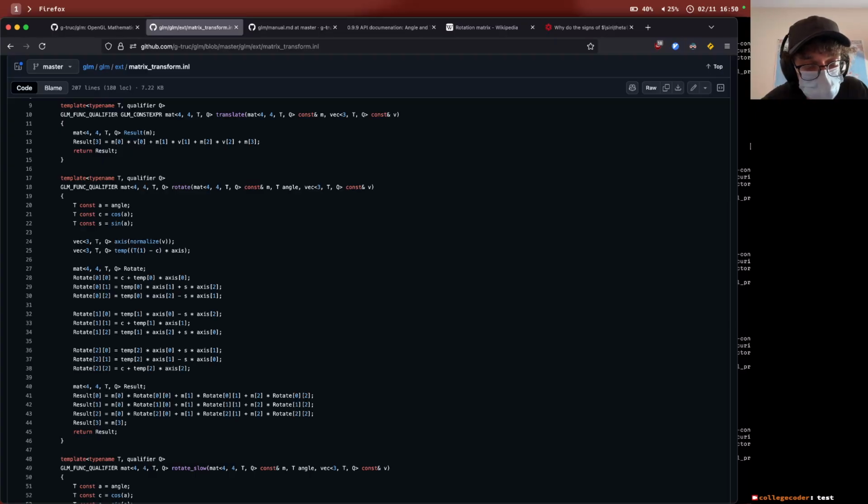My God, I did not expect this to be the case. Yeah, no, the thing is the rotation matrix takes in an innocent matrix.